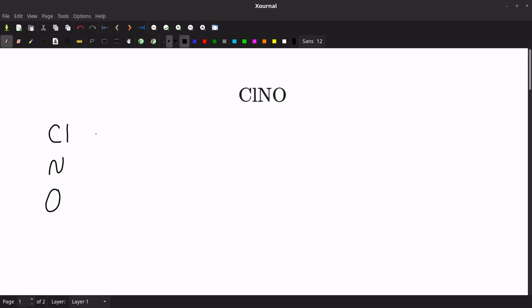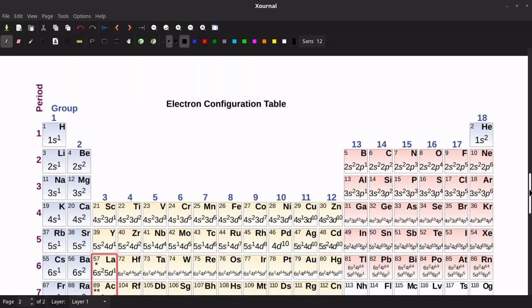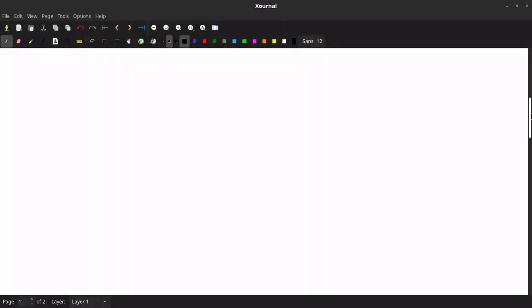So this one is going to be neon, 3s2, 3p5. Nitrogen is going to be 2s2, 2p3 with the helium core.